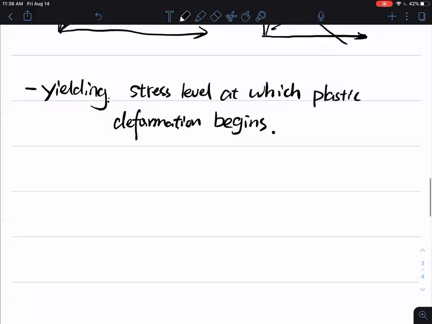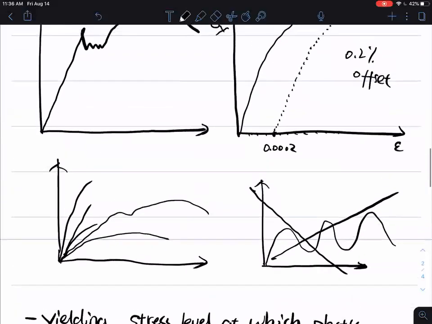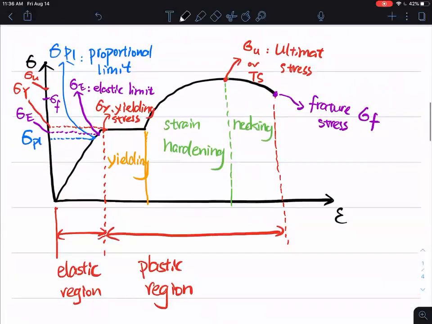You can refer back to the diagram. Just draw yielding. That's where the plastic deformation starts. That's a yielding.